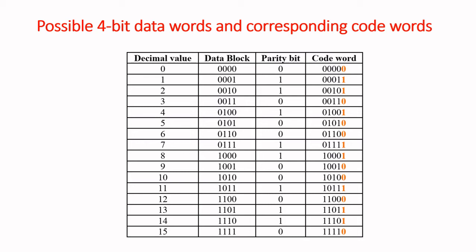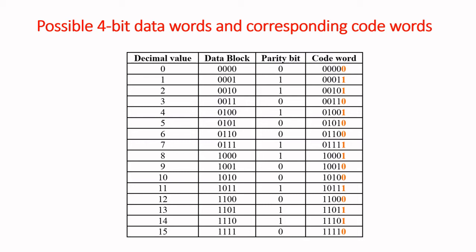It is assumed that you know how these values are converted to 4-bit binary sequences. After 1, 2 is converted to 0010, and 3 to 0011. This is very simple, and in this way you can convert the values from 0 to 15 into 4-bit blocks. And after that, in the third column, some bits are added.